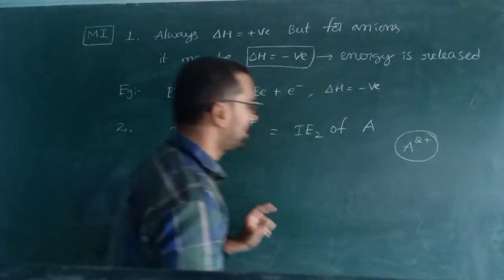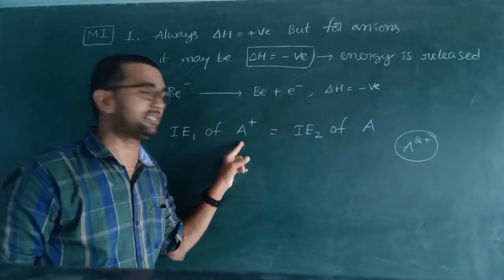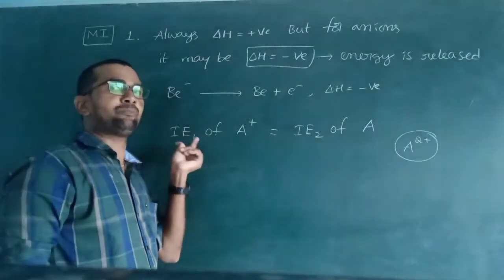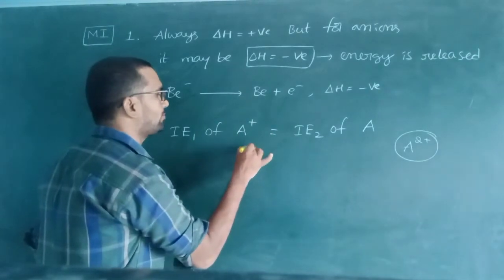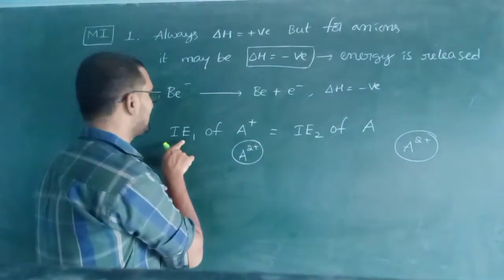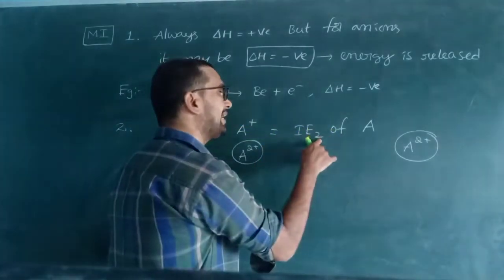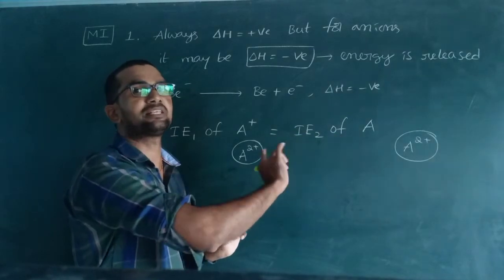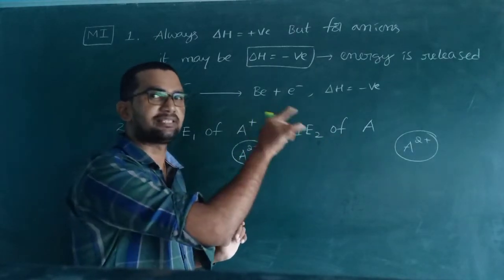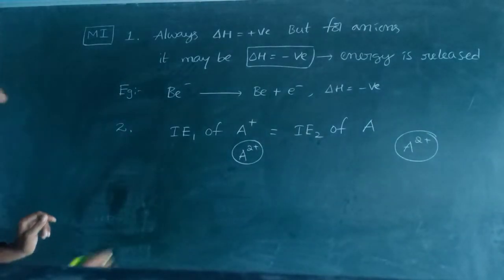IE1 of A plus also converts it to A2 plus. Both remove the same electron, that's why the same energy is required.